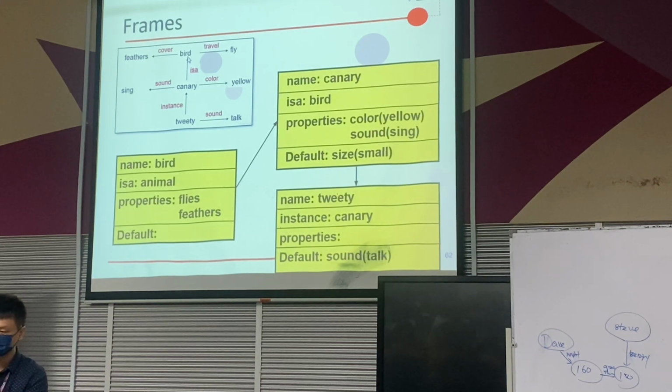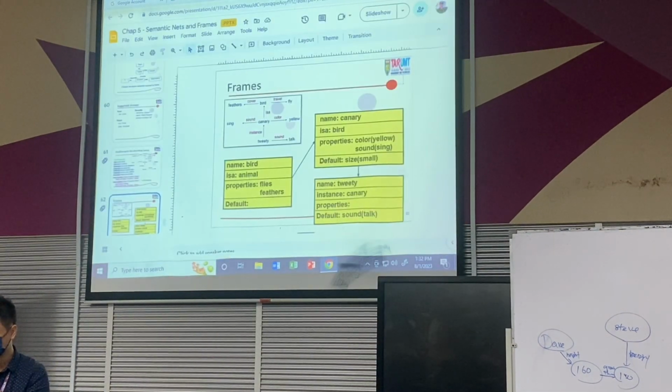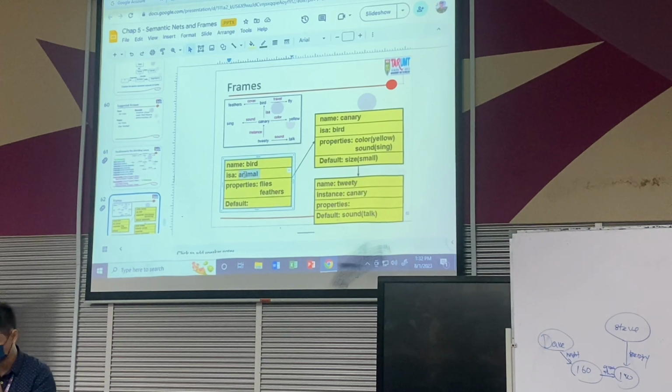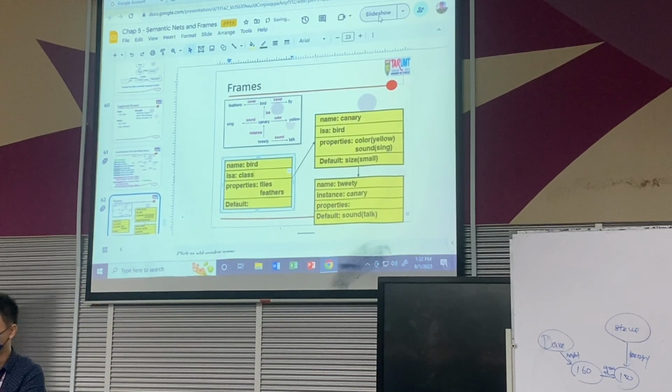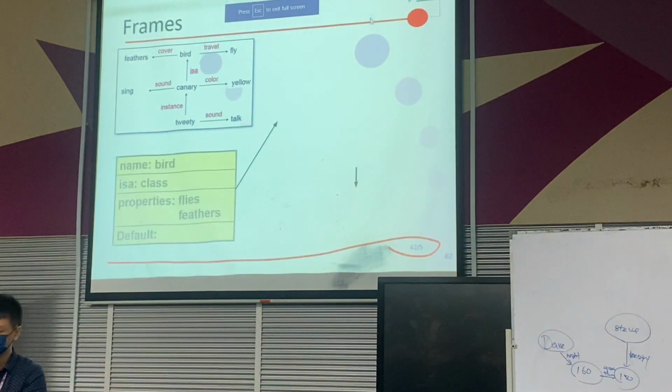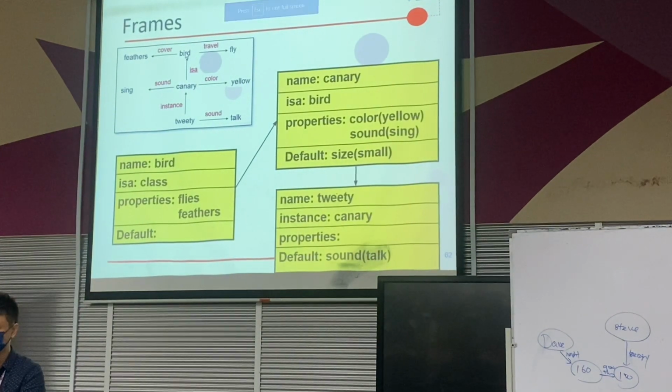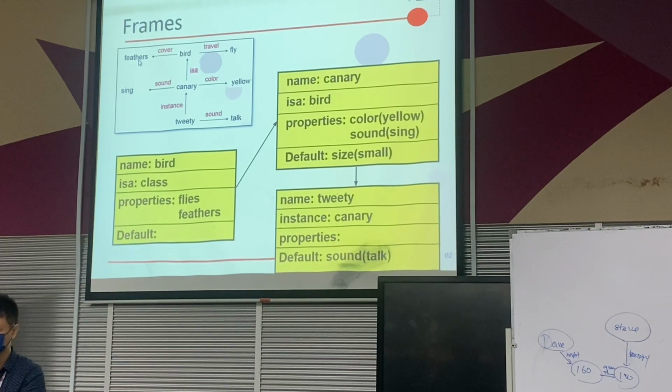So bird, what? Bird is animal, right? So it's actually a superclass. If you don't have the animal here, by right, you can remove this animal and change it to class. It's a superclass based on this semantic network. And then the bird can fly and has feathers. Good. Now you have a canary.